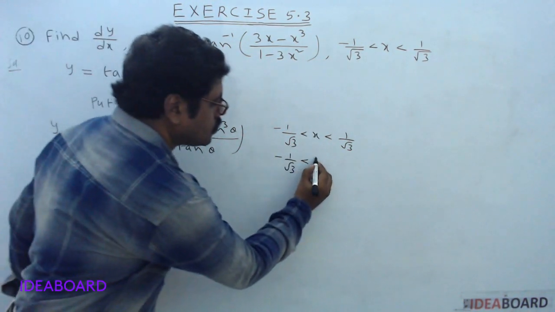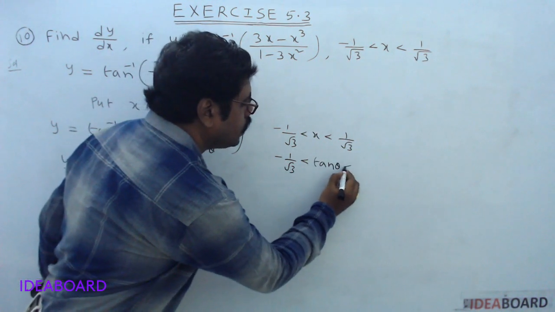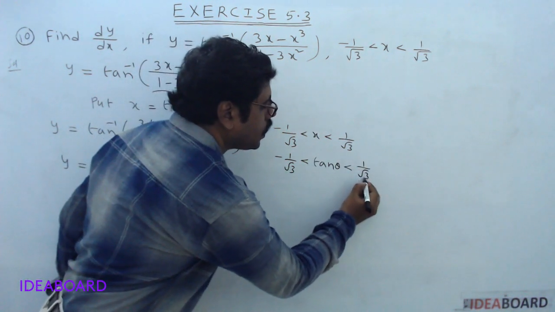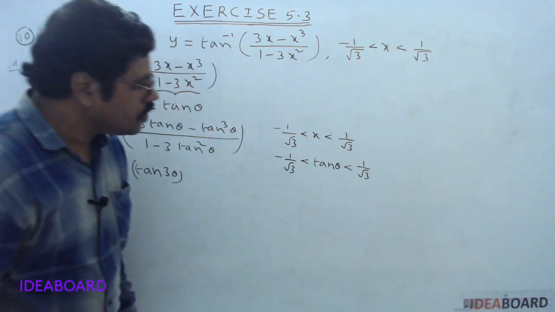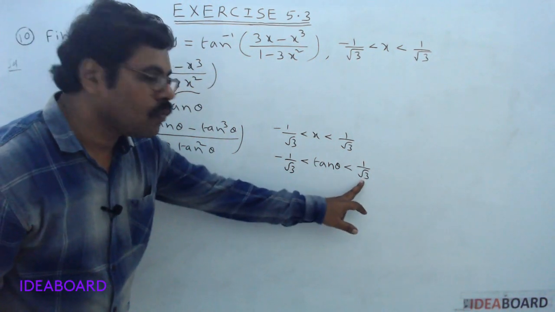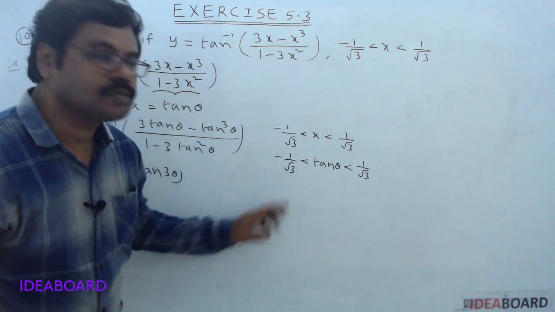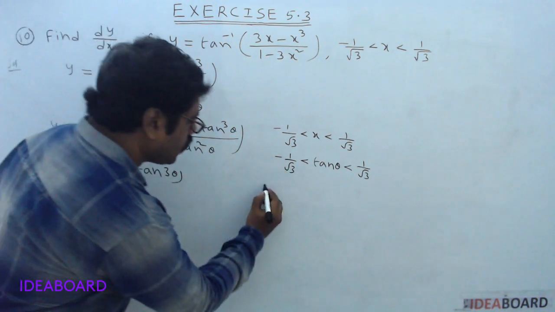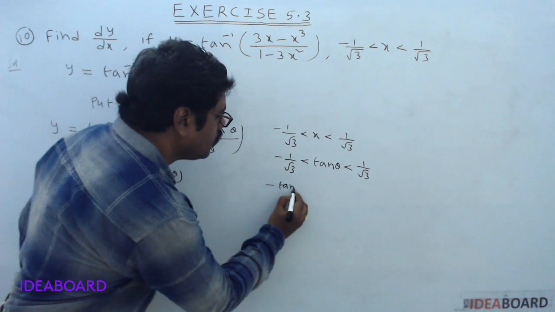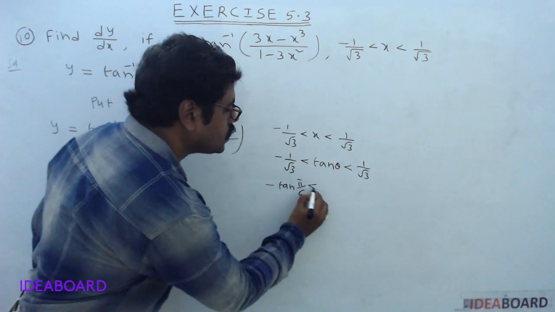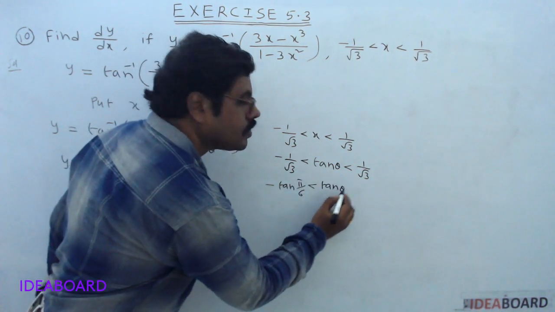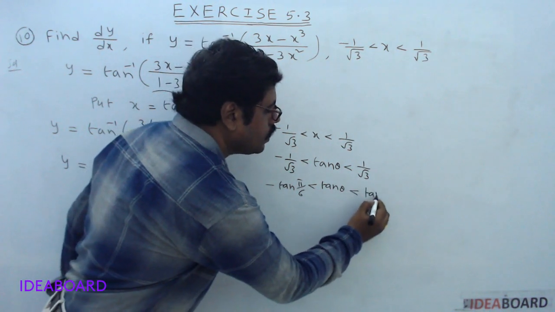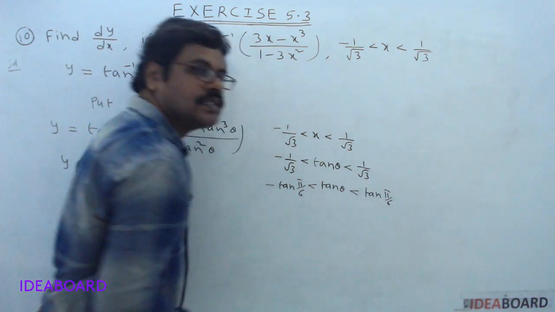Tan theta. So this is minus 1 by root 3 less than tan theta less than 1 by root 3. Now write down the values of 1 by root 3 and minus 1 by root 3 in terms of tan function. Now this is minus tan pi by 6 less than tan theta less than tan pi by 6.